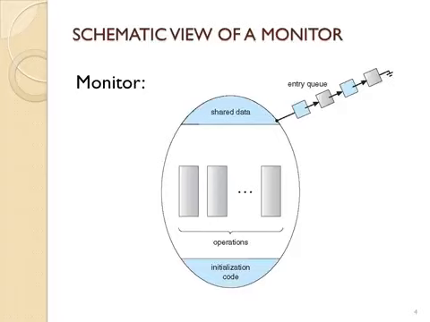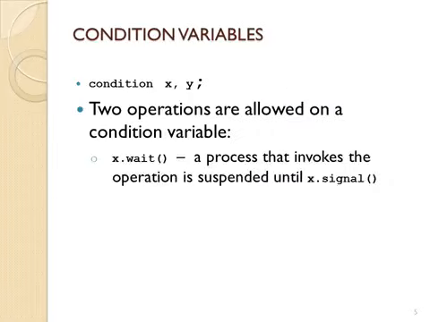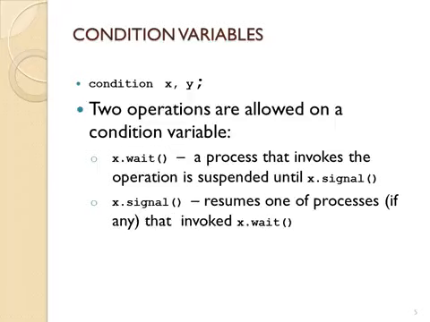The only way for a process to become inactive in the monitor is to either be using the critical data or the resource, waiting on a condition variable for that resource, or finished with the resource. So there are condition variables.